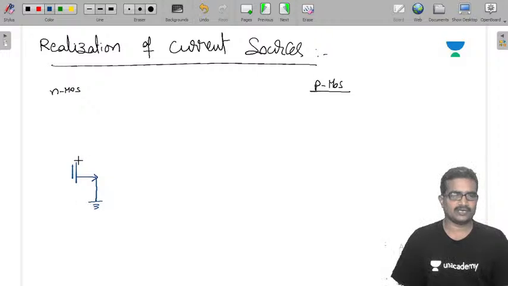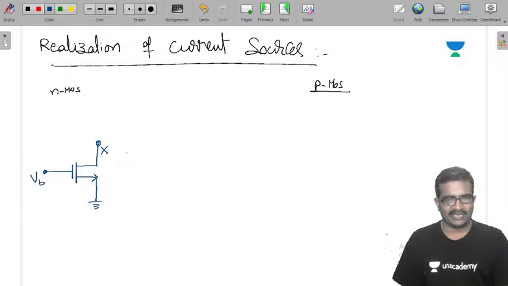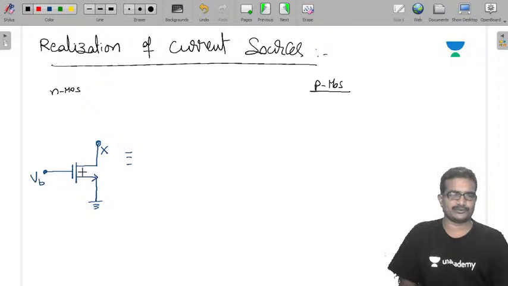By using NMOS, source connected to ground, drain is connected to some point, let us take it as X. Here is the input or biasing voltage. VB means biasing voltage. This biasing voltage takes the transistor into saturation or pinch off region.